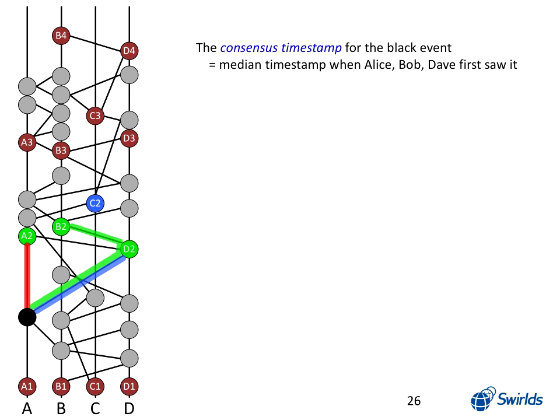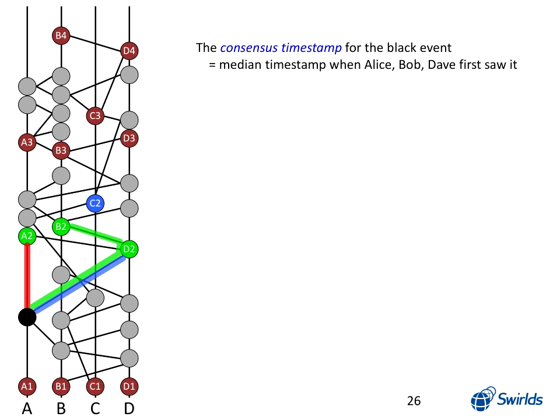If we look at the earliest times, we're going to get 3 timestamps. It'll be the timestamp on D2, because that's the earliest time Dave saw it. It'll be the timestamp on B2, because that's the earliest time Bob saw it. And it will be the timestamp on the black one itself, because that turns out to be the earliest time that Alice saw it.